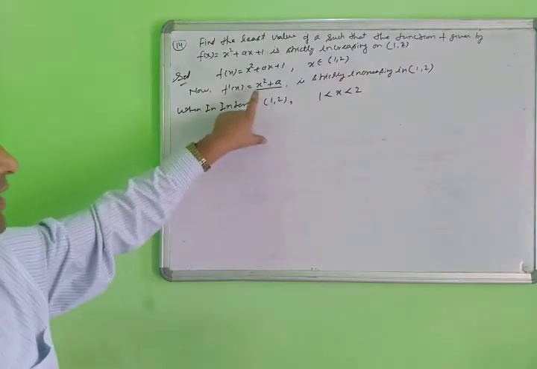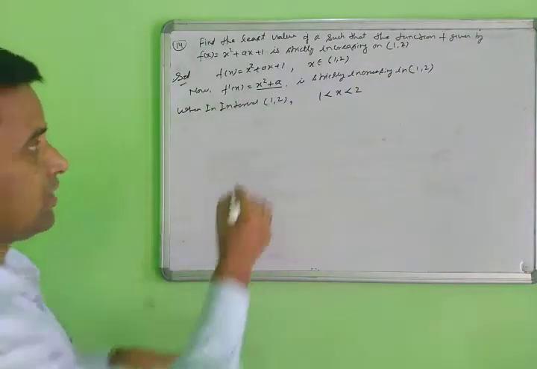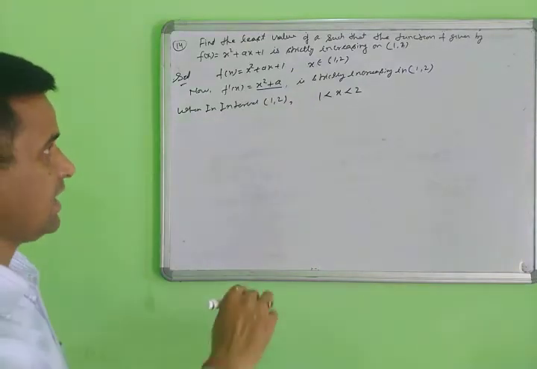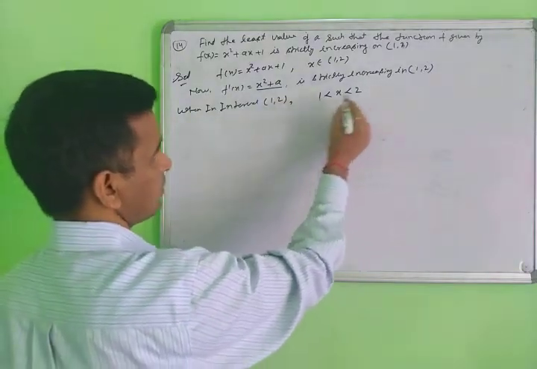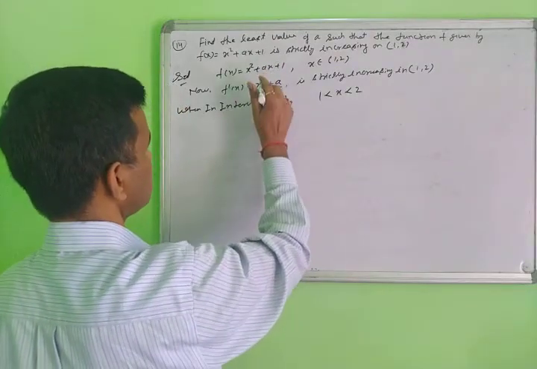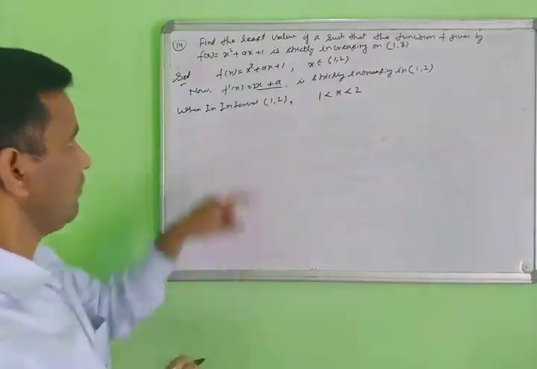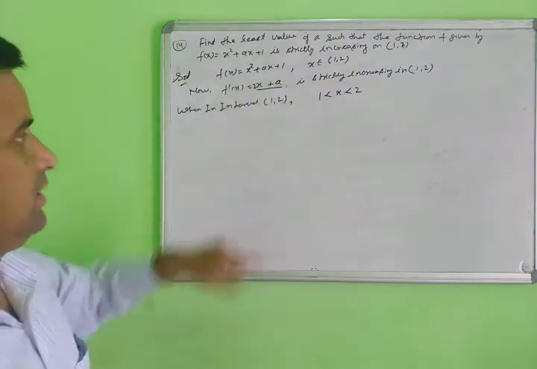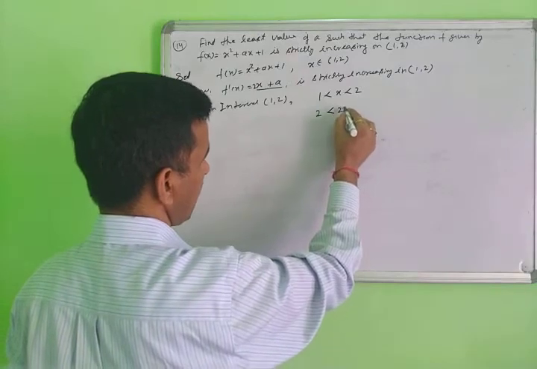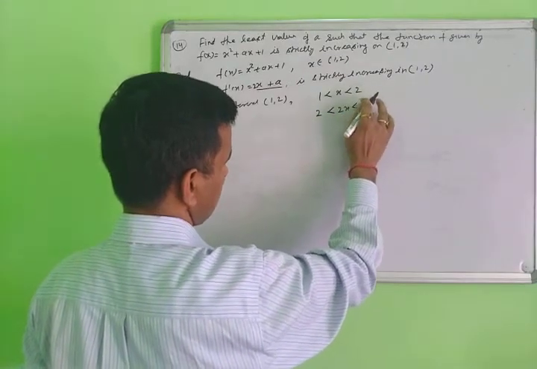Then multiply by 2 here, because differentiating gives 2x as x square plus a, then you write 2 less than 2x less than 4.